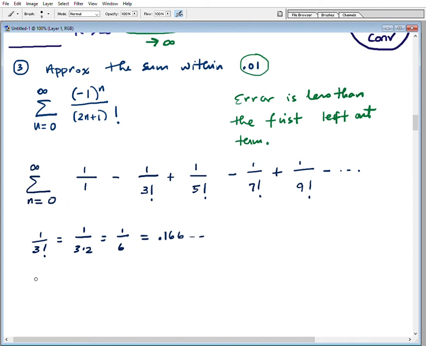So let's try 1 over 5 factorial. 5 times 4 times 3 times 2: 20 times 3 is 60, times 2 is 120. That looks good. That's equal to 0.0083. So this one's good.